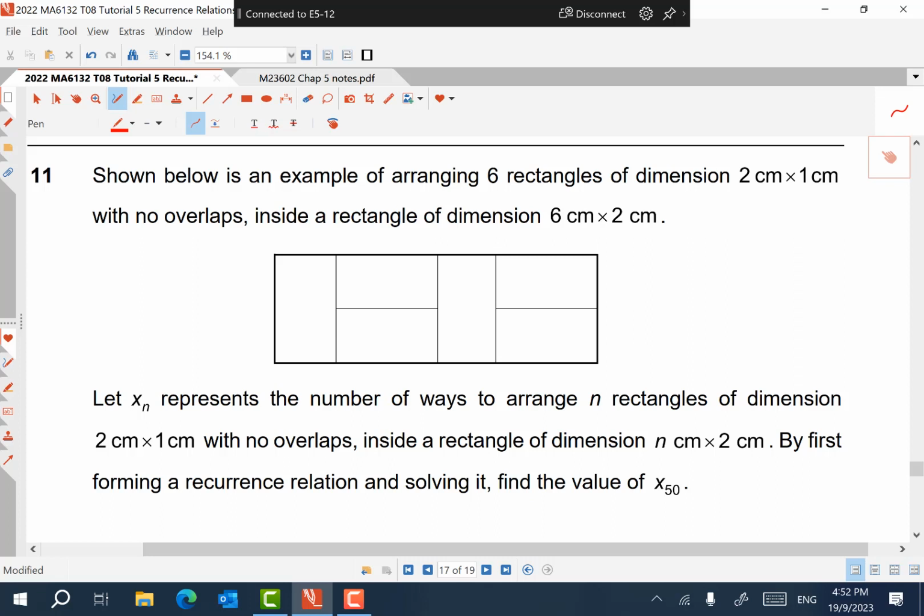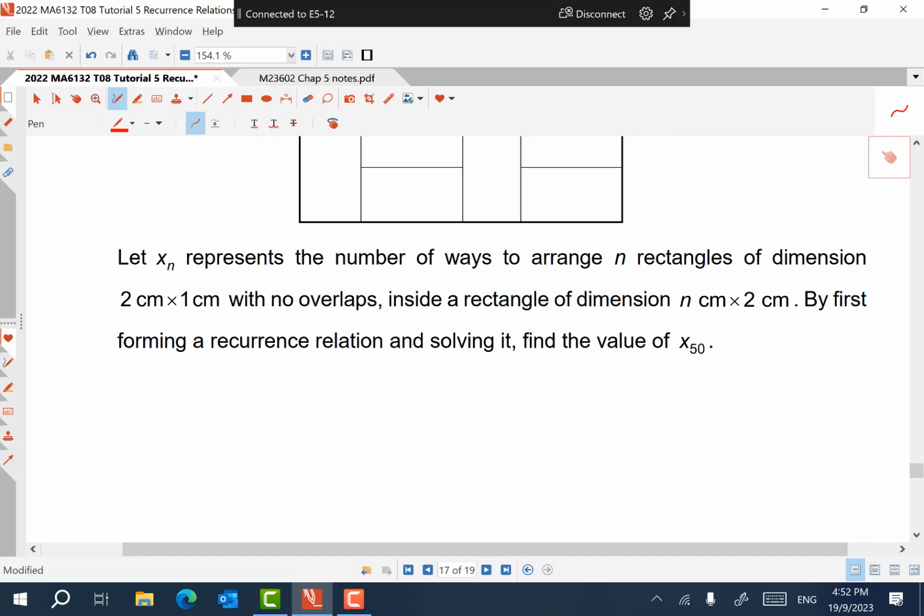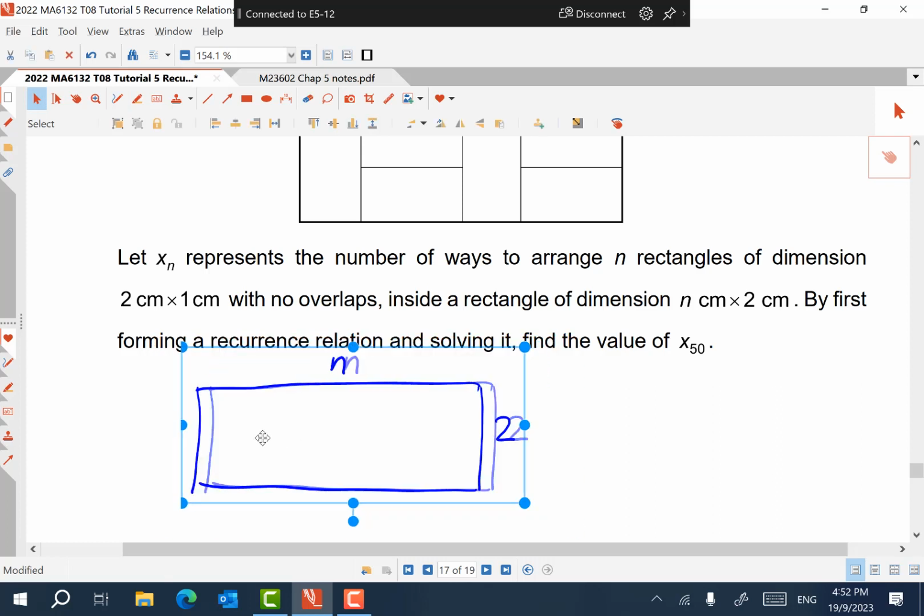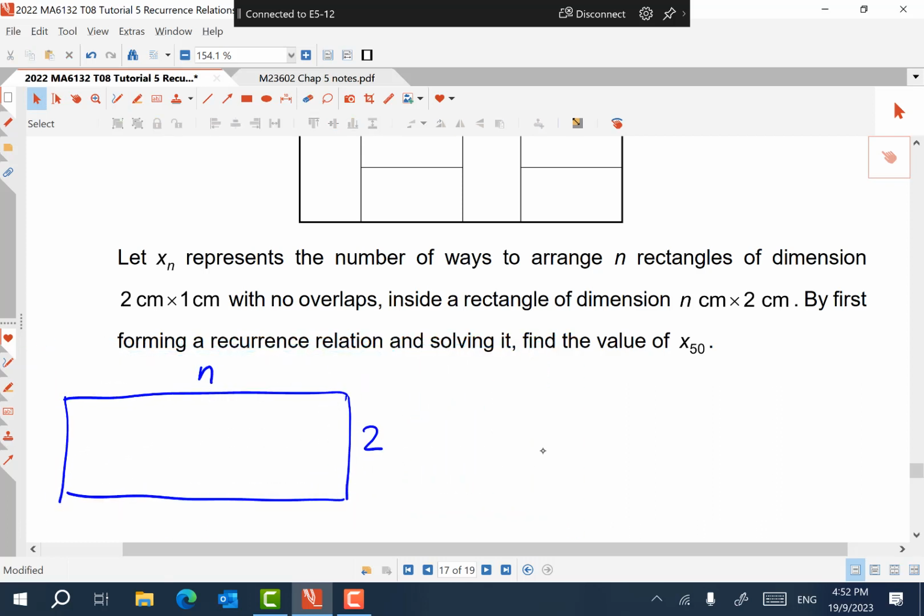It looks hard, but the way to think about this question is to ask: if the dimension of the box is 2 by n, and of course you have n rectangles to be placed inside, you will find that no matter what you do, on the ending part of it, you only have two ways to arrange it.